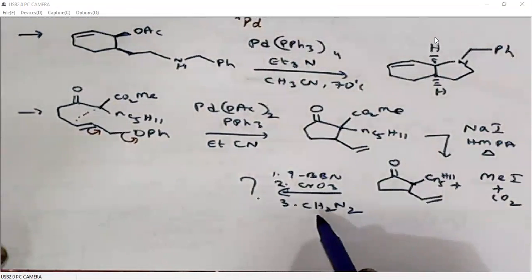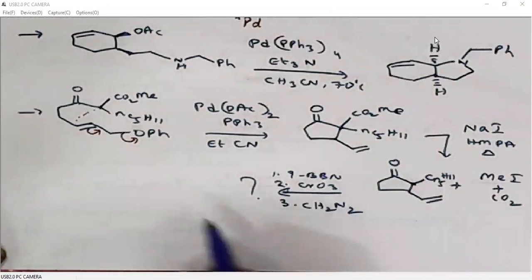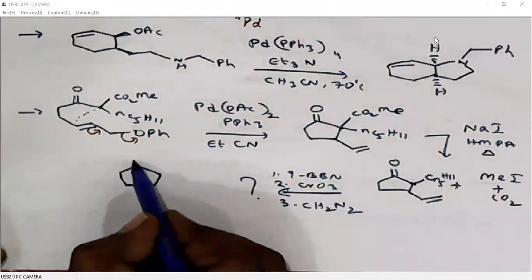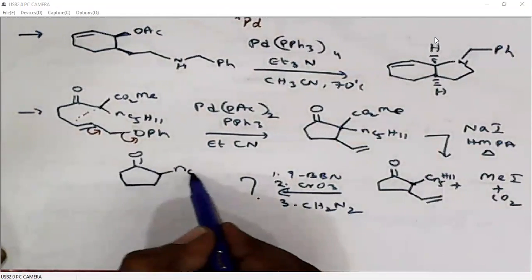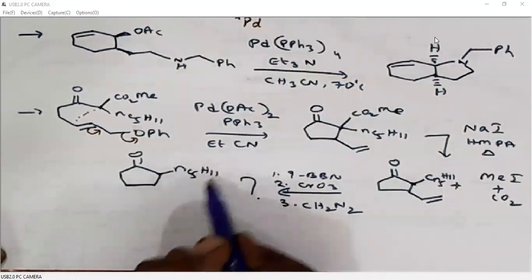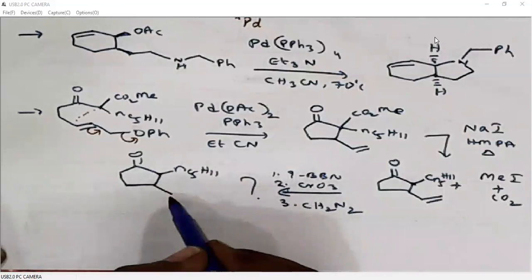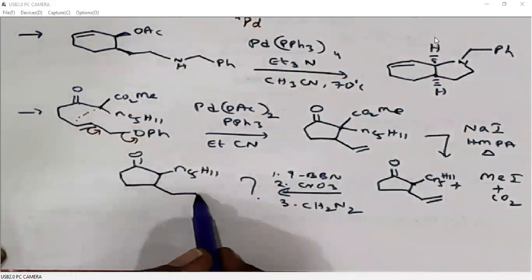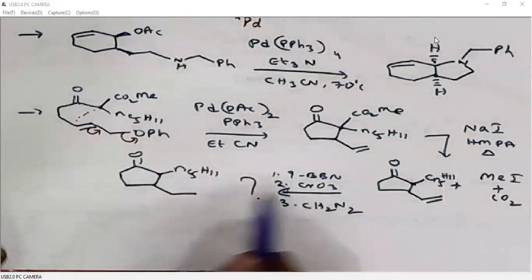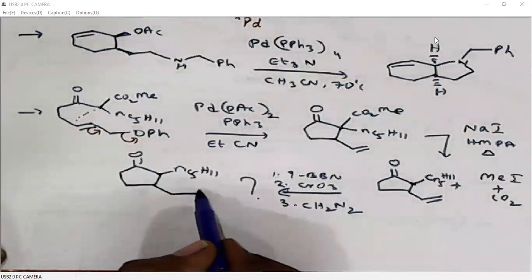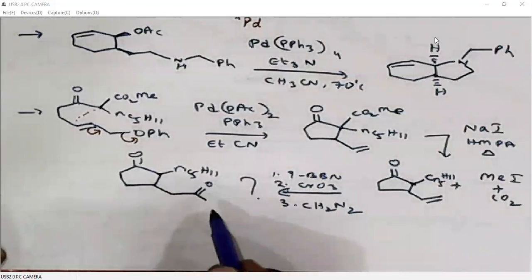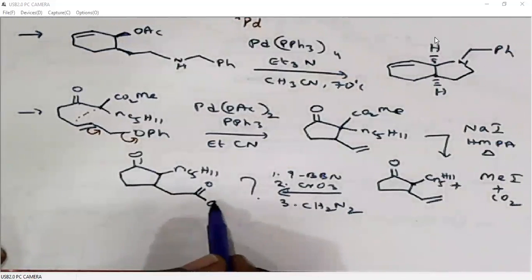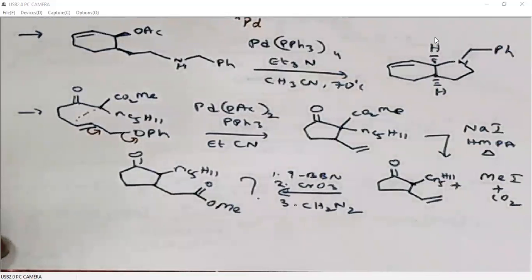Then carboxylic acids, when treated with diazomethane, are converted to esters. So 9-BBN will attach here, chromium trioxide will convert this into a carboxylic acid, and the carboxylic acid is converted to an ester with diazomethane. This is the product.